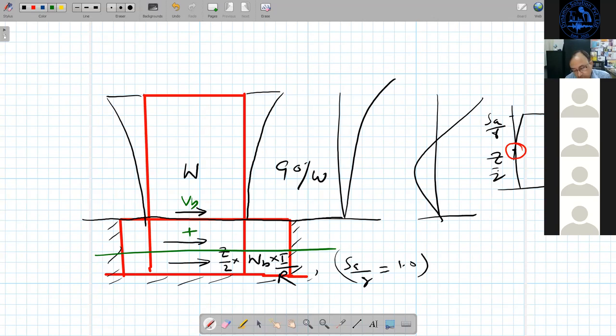So the force in the basement will be taken equal to Z by 2 into WB into I by R. So this is the missing mass correction. Missing mass is simply multiplied by Z by 2, with Sa by g equal to 1, because here this value is unity. Here it is 2.5.